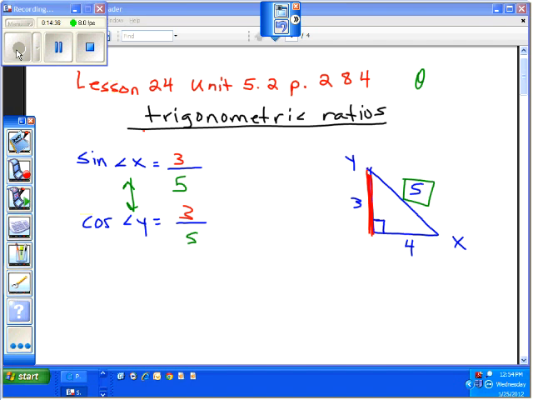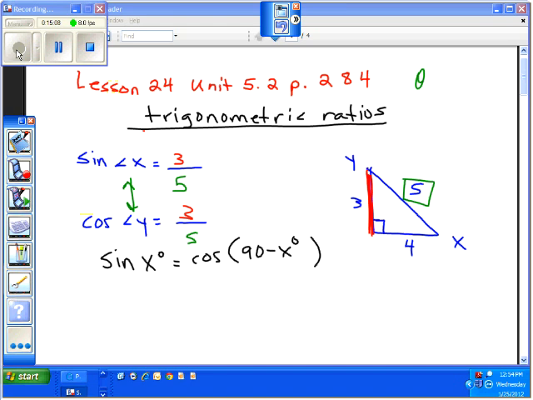Now, what do we know about X and Y? They're complementary. The acute angles of a right triangle are complementary. So we could say that the sine of X degrees is equal to the cosine of, how could you write that as a formula? 90 minus that, right?